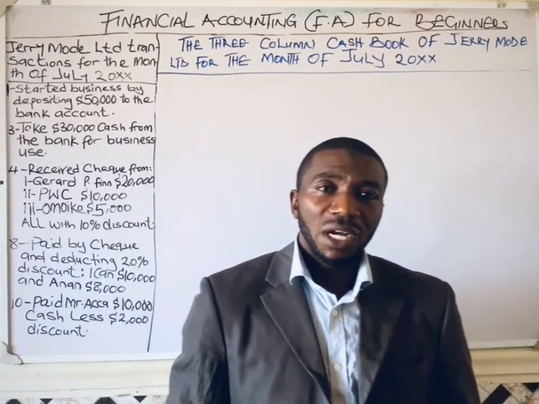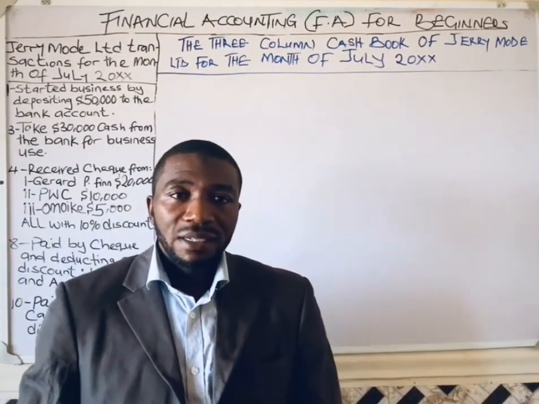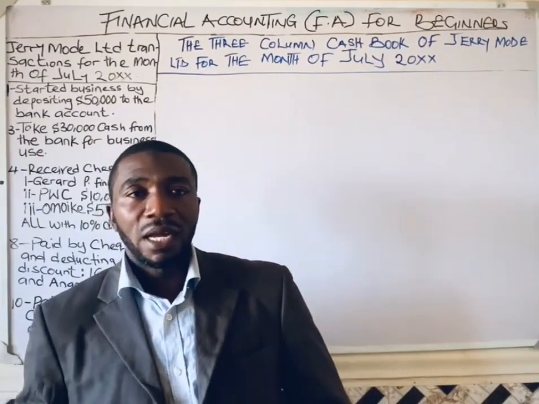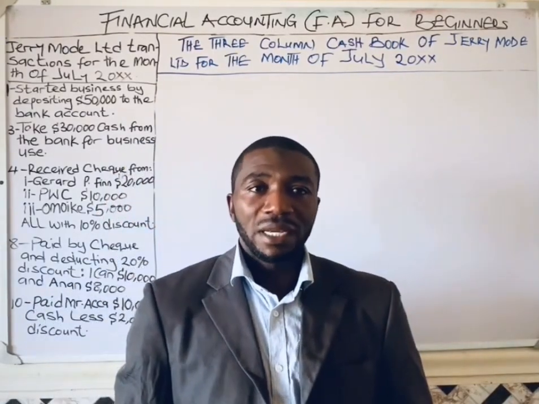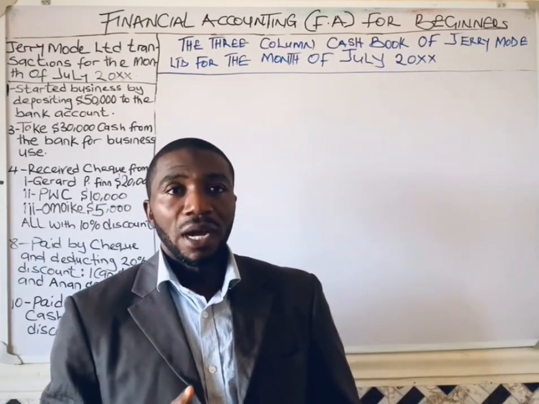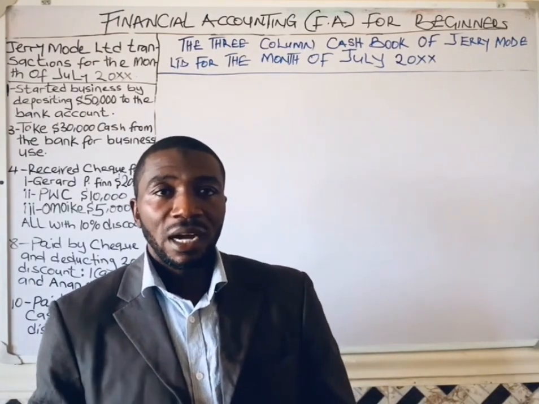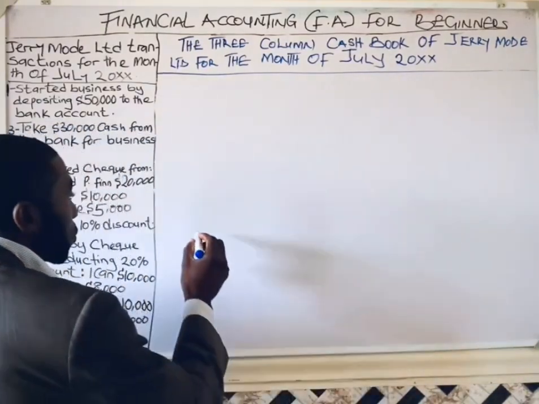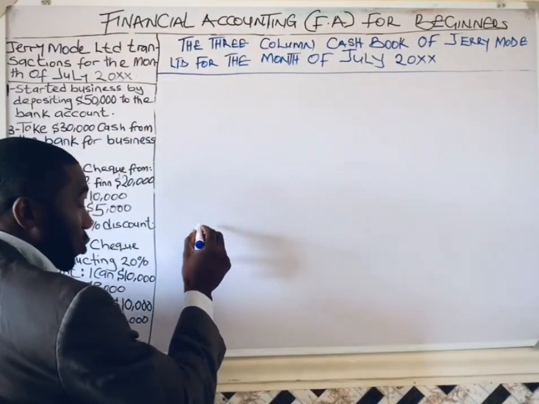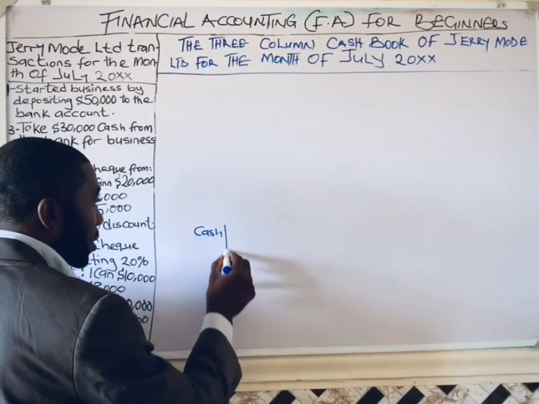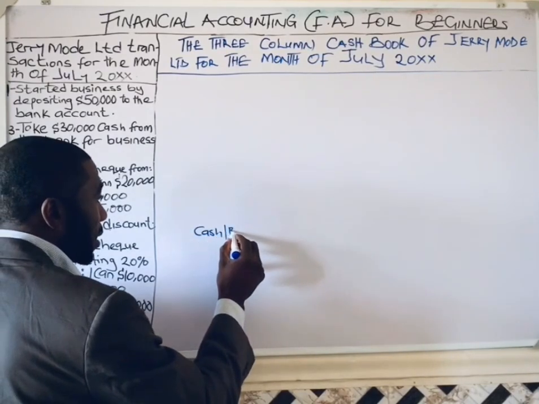So in the three column cash book, all the entries remain the same as in the two column, but the difference is the addition of a column, and that column is the discount column. You will have your normal columns for the two column cash book, cash and bank.